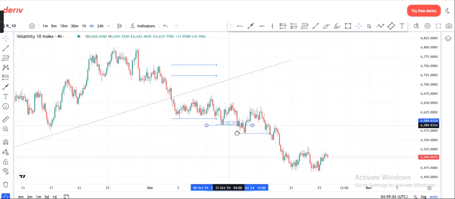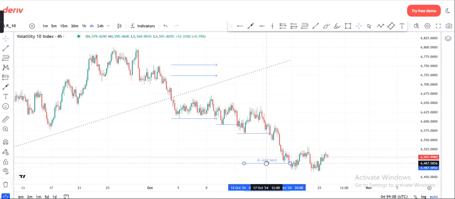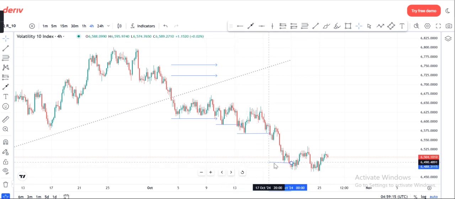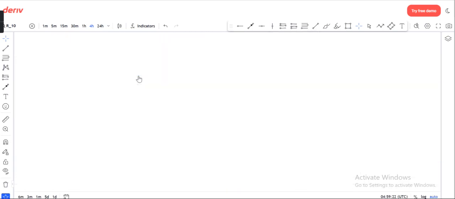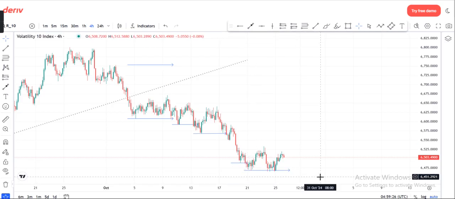This was also a clear break of structure. This here was a clear break of structure also. Now, we also had a break of structure at this point, but this break of structure is actually very dicey, but it's still what it is.